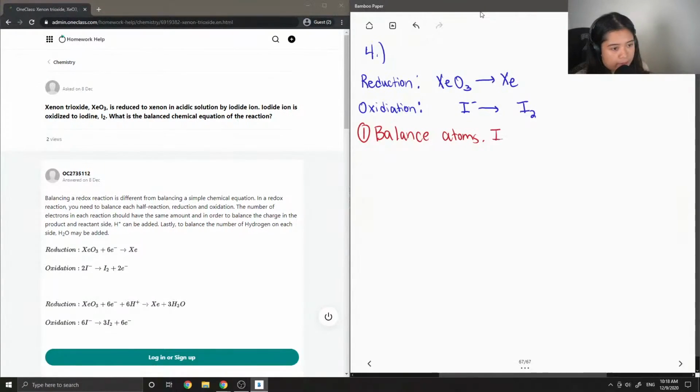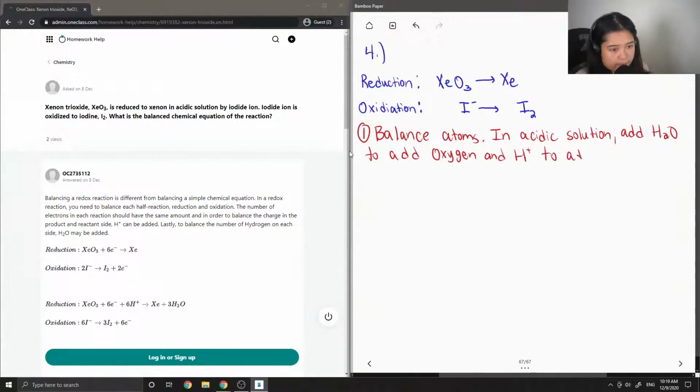So I'm also going to add that in acidic solution, we add water to add oxygens, and we add H+ to add hydrogens.